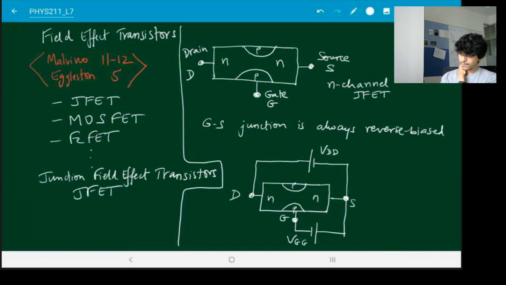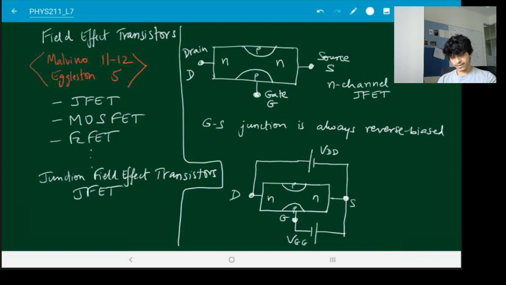Now when we were looking at the bipolar junction transistors before, we discussed that the conduction that is happening within the transistor is happening because of both majority current carriers and minority current carriers. So whatever effects that we see in the BJT, it happens because of the conduction of both electrons and holes. That's why it's called bipolar junction transistor, because both kinds of charge carriers, majority and minority, are involved in that process.